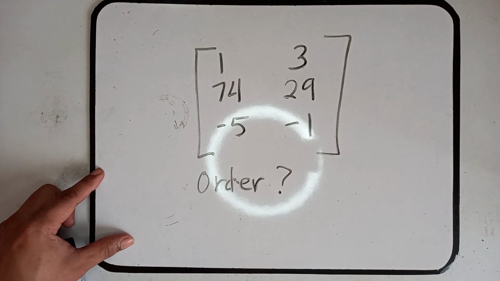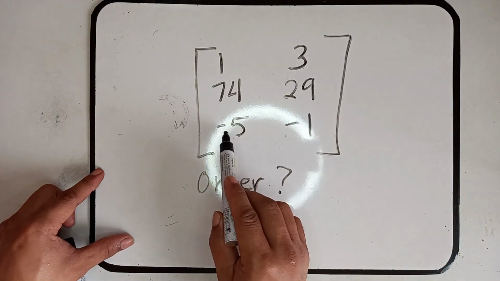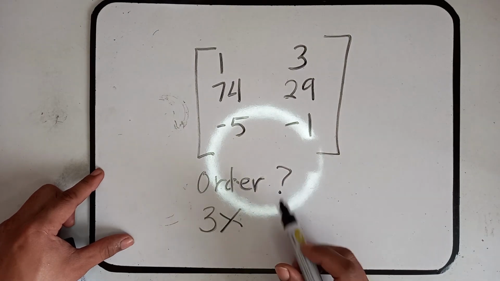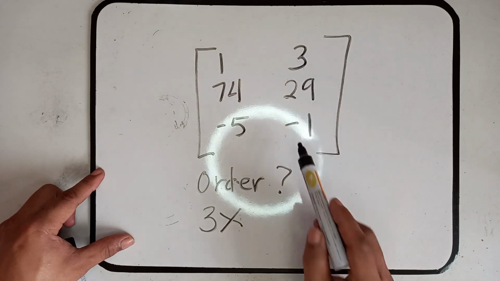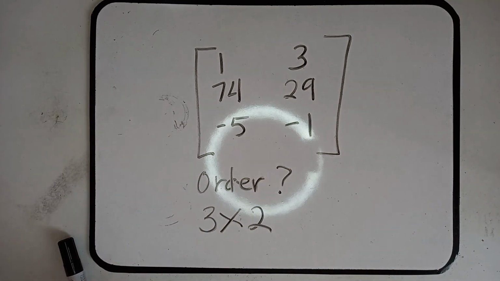So again, we have to count the number of rows. 1, 2, 3. So we have 3 rows. And then, how many columns do we have here? 1, 2. So we have 2 columns. So the order of this matrix is 3 by 2. Okay, so that's how you identify the order of matrix.